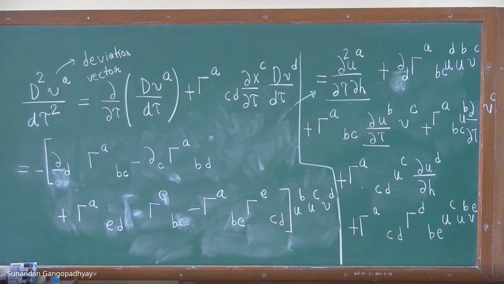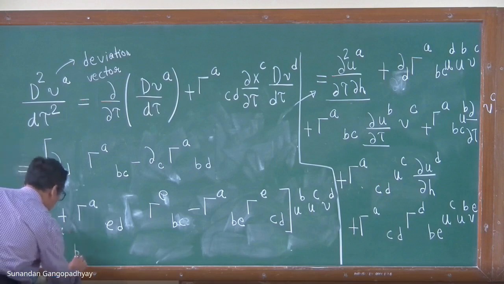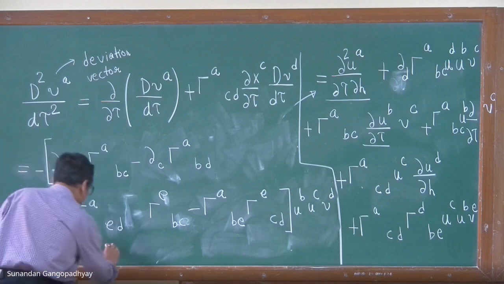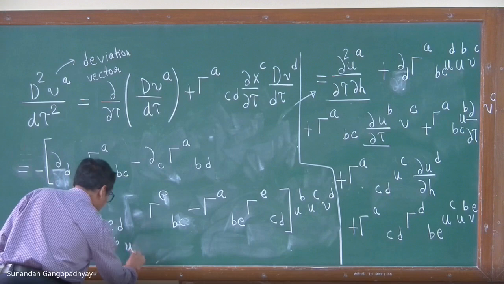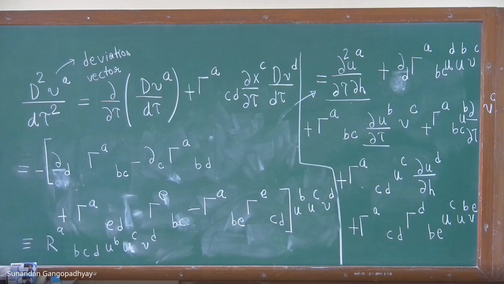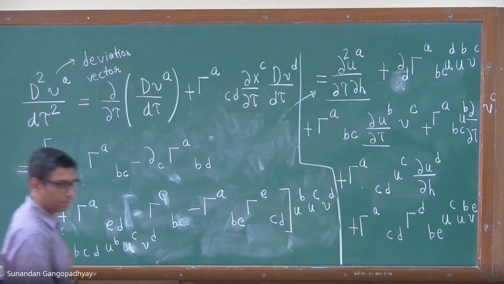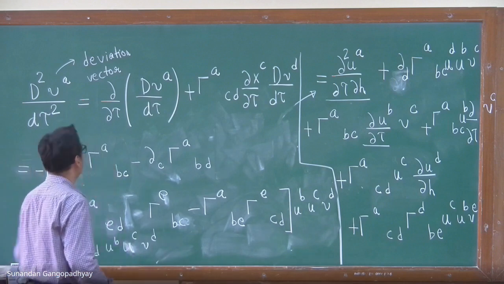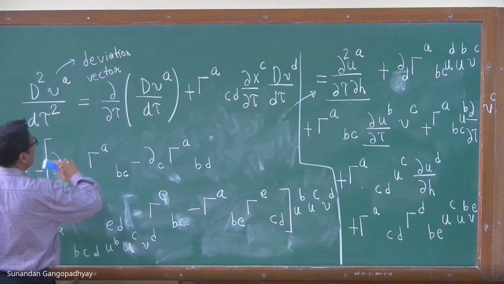And this thing, finally, we have already seen what the Riemann curvature tensor is. If you just put in the definition of the Riemann curvature tensor, the way we have defined it, it is nothing but R A E E U B. So let me write down the equation in a nice form.